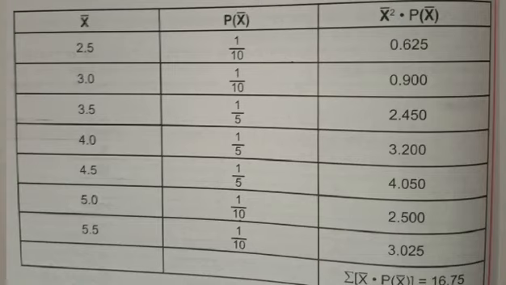The probabilities are 1 over 10, 1 over 10, 1 over 5, 1 over 5, 1 over 5, 1 over 10, 1 over 10. If we find the products, we have 0.625, 0.9, 2.450, 3.200, 4.050, 2.5, 3.025, and the summation is 16.75.